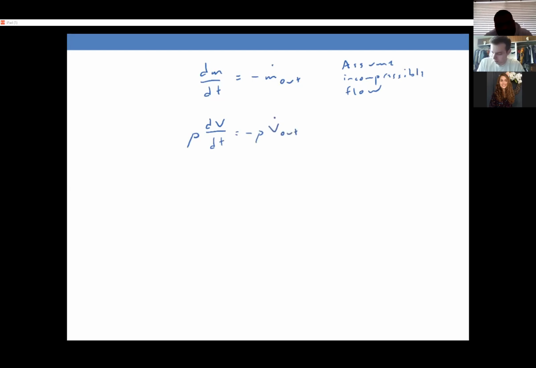And since it's incompressible, we know that the density is going to be essentially the same, both inside the tank and flowing out of it. So we can just cancel it, and we end up with dV/dt is equal to negative V dot out. And this is something that happens whenever you have incompressible flow, is that the mass balance actually reduces down to be a volume balance.